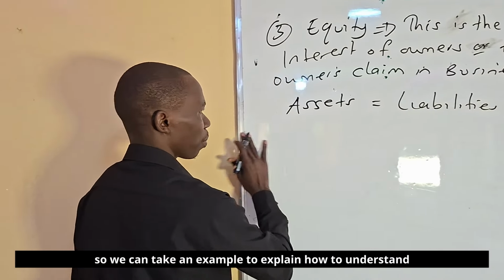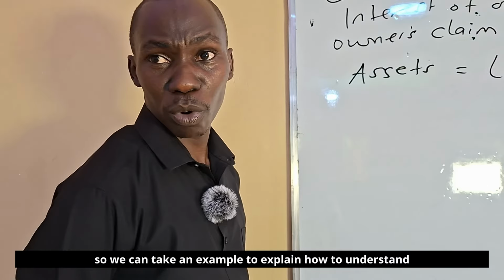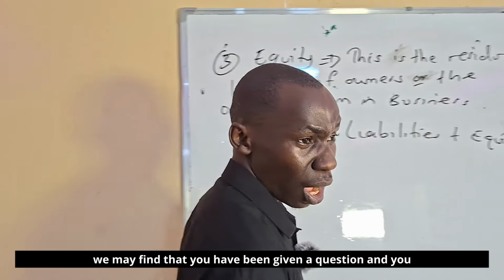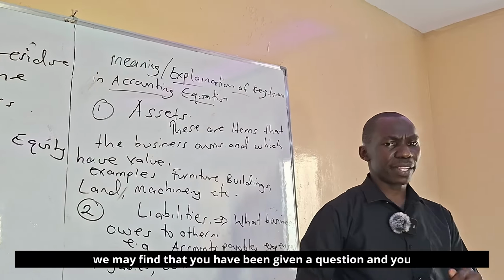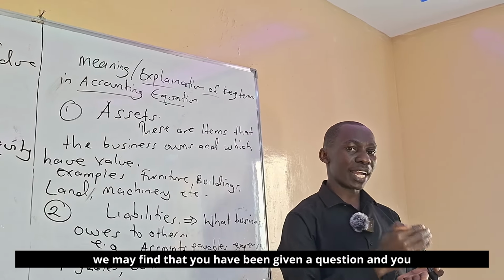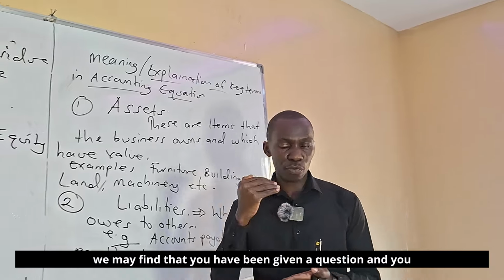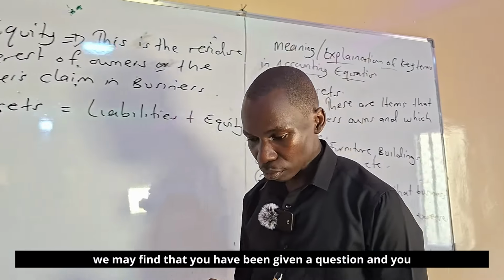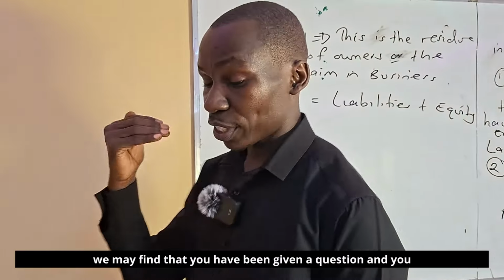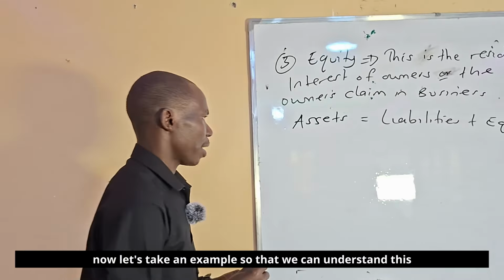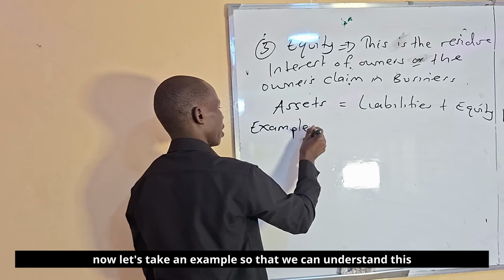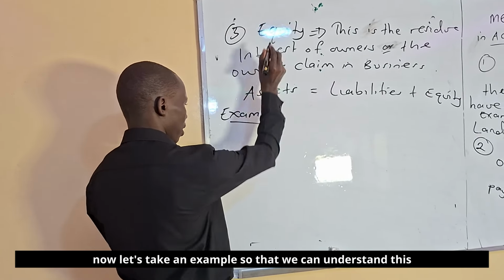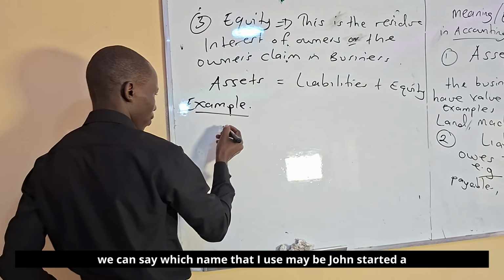We can take an example to understand this more. You may be given a transaction. Don't forget, we are at the recording stage, so you've been given a question and you have to use the accounting equation to solve it. Let's take an example. Which name can I use?